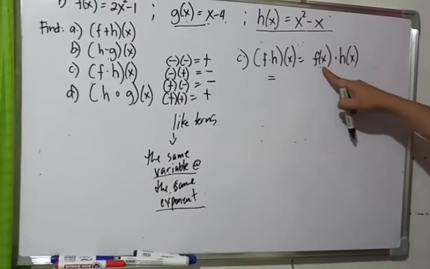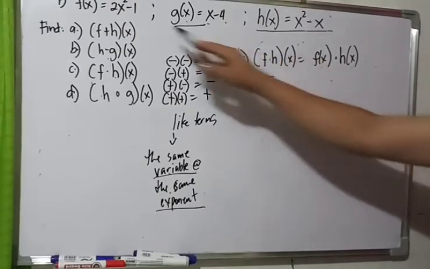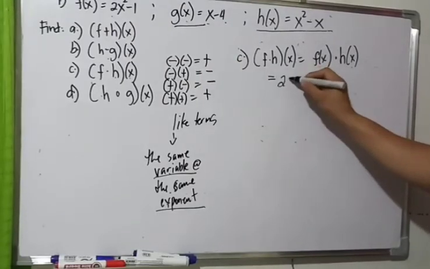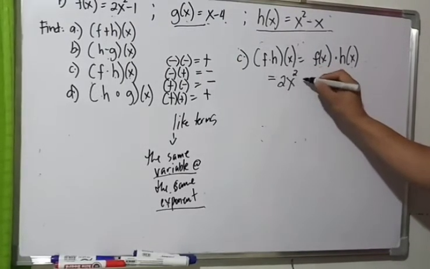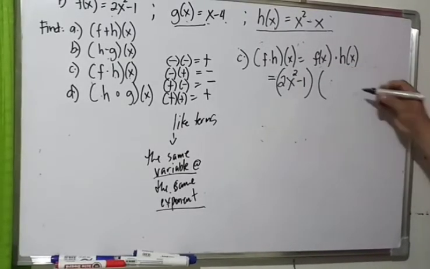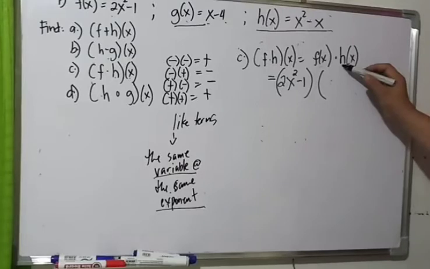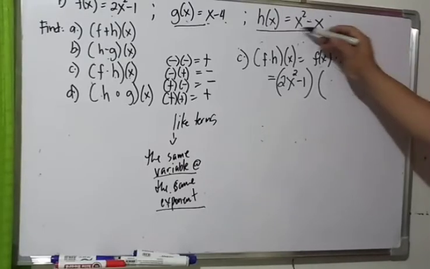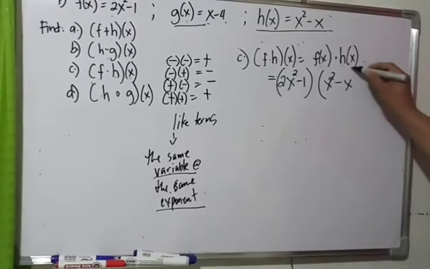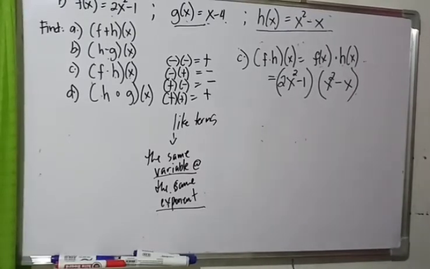So, ano yung value ng f of x natin? So, that is 2x squared minus 1. So, 2x squared minus 1 times, how about h times x? Okay, that is x squared minus x.